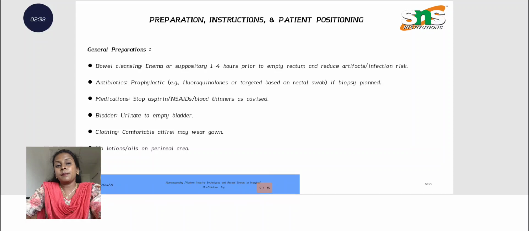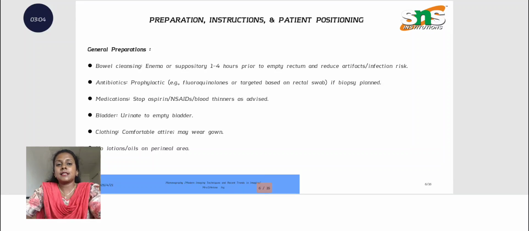The general preparation of the patient: bowel cleansing should be done by giving an enema or a suppository 1 to 4 hours prior to the examination to empty the rectum, which will reduce artifacts and control infection.